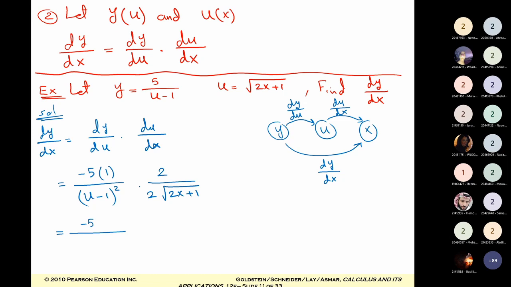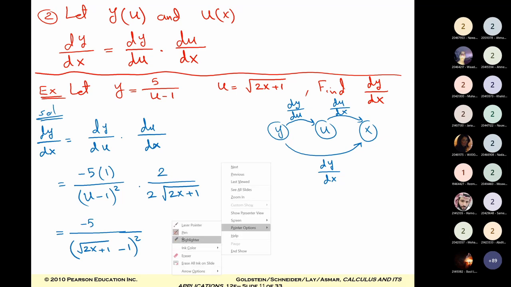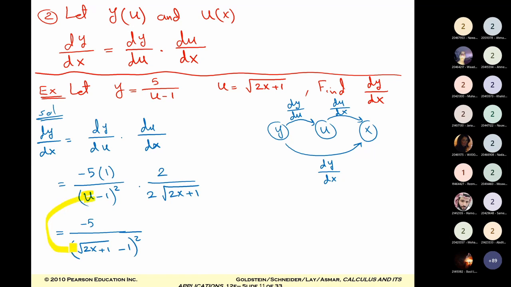Now we can substitute the value of u. What's the value of u? U equals radical 2x plus 1, minus 1, all squared. So replace the value of u here.